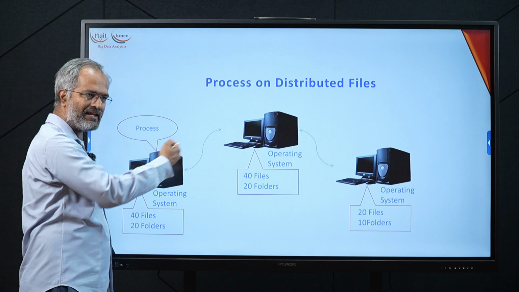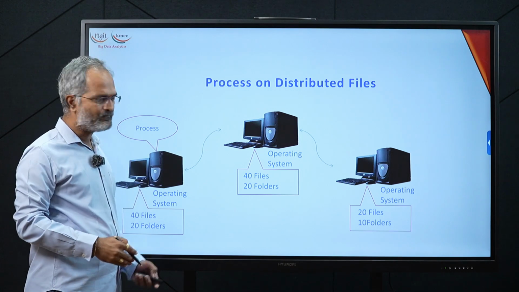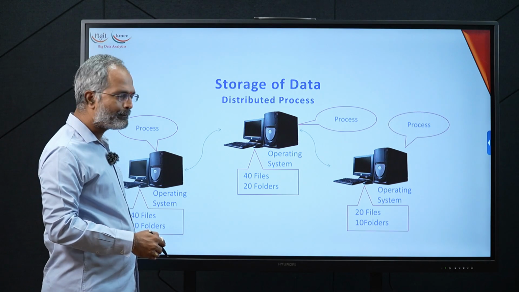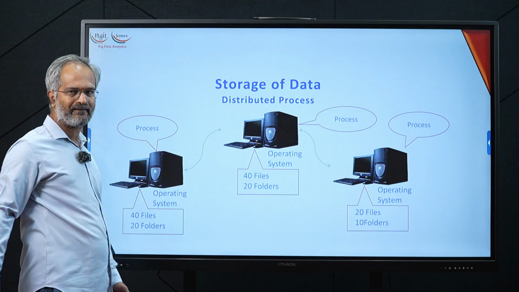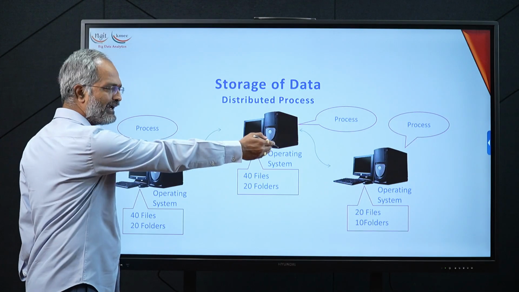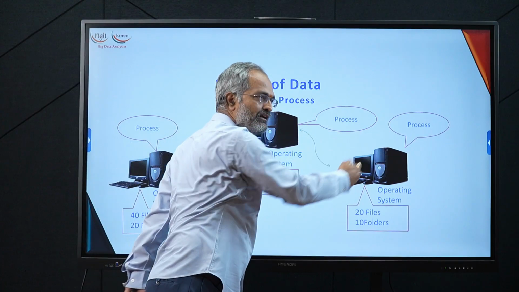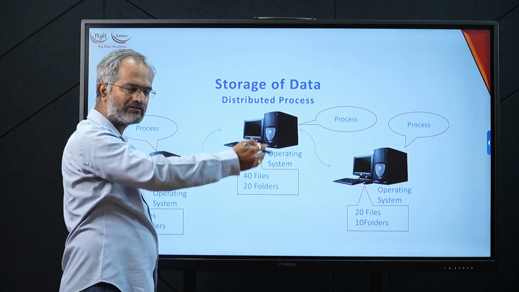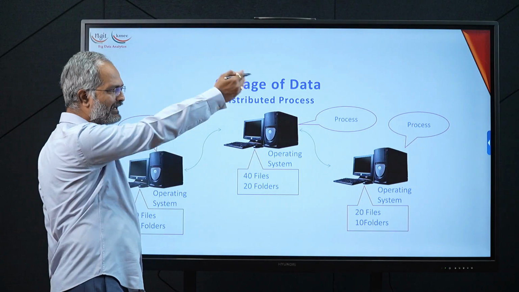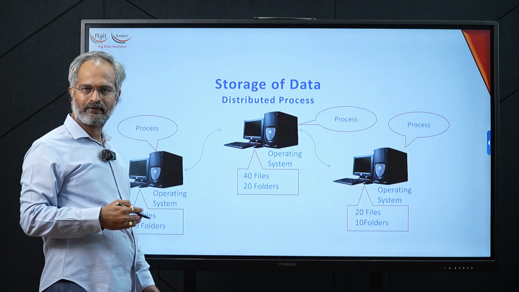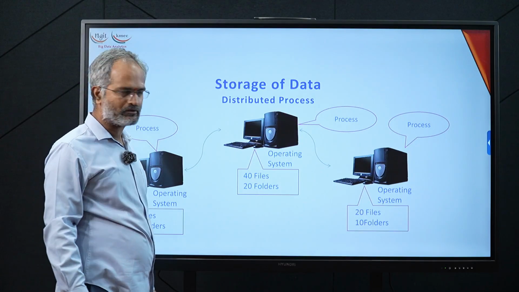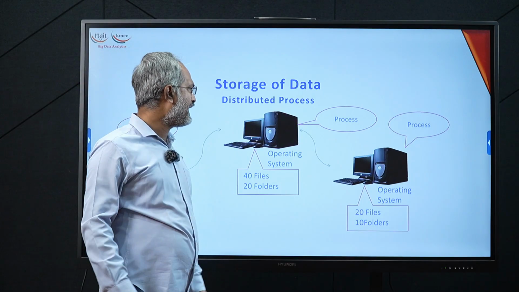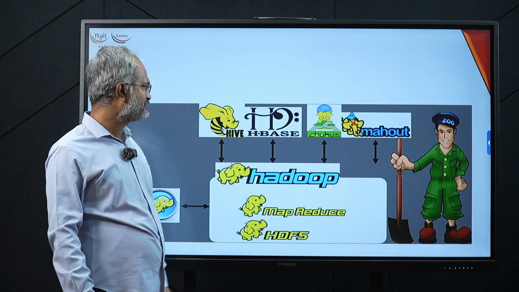Instead of copying the entire data into one machine, it is better to copy the process to various places, meaning wherever the data is available, we can replicate the process and execute the same process on all the machines, and then aggregate the results into a single process so that we get the final output. So this is the idea of the distributed process.